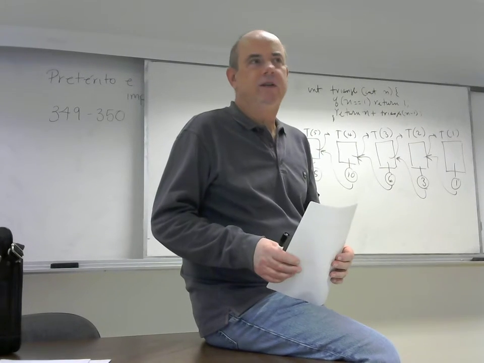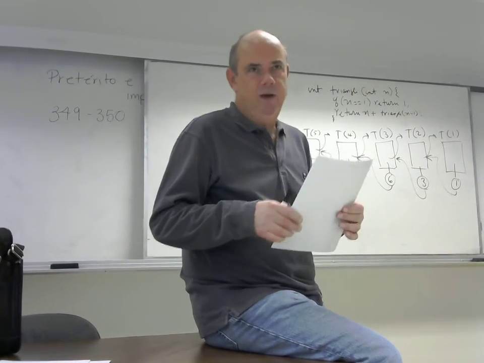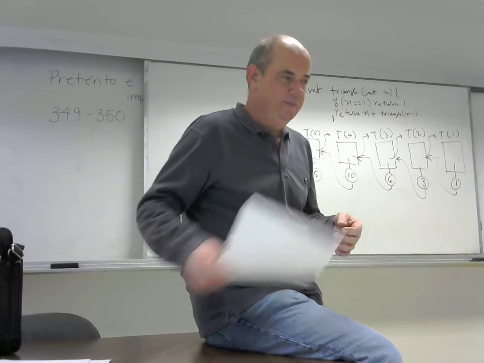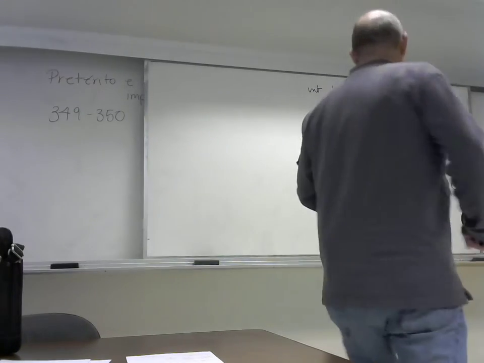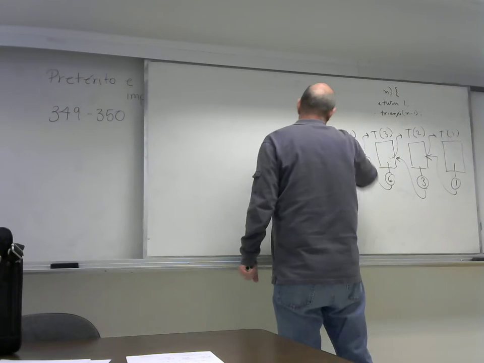Branch elimination. What does that mean? You eliminate branches, okay. But what's the deal? How does that go? So, at the machine level, of course, that's what we're talking about here.